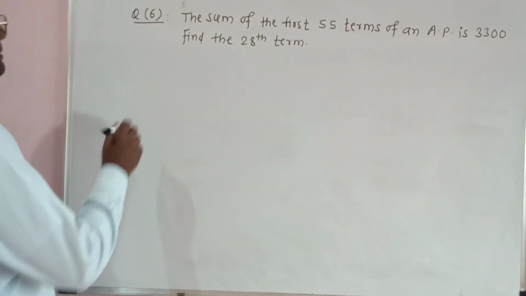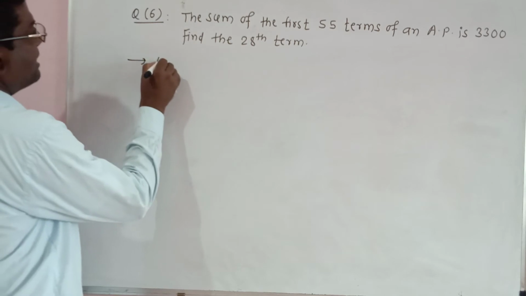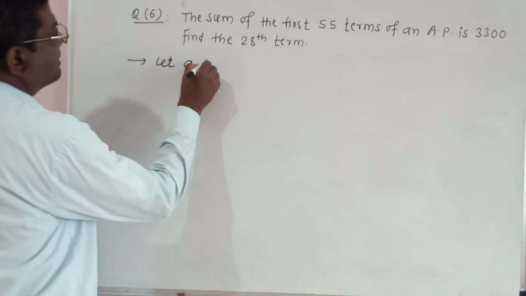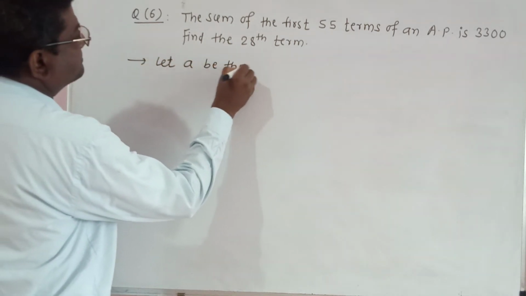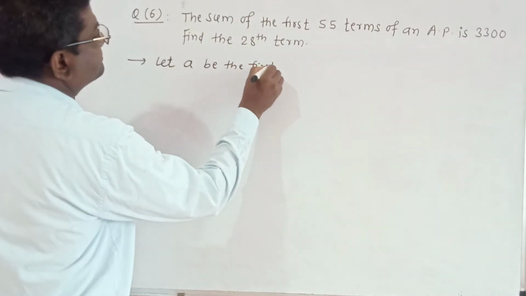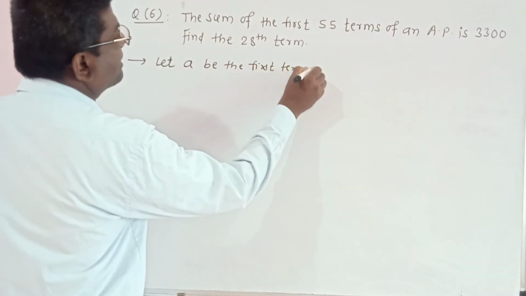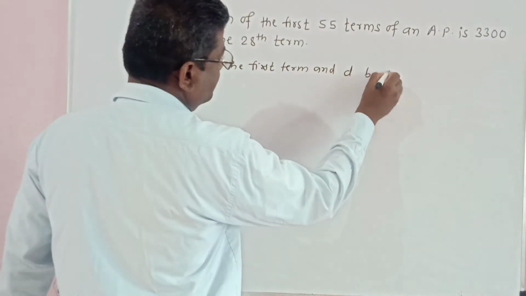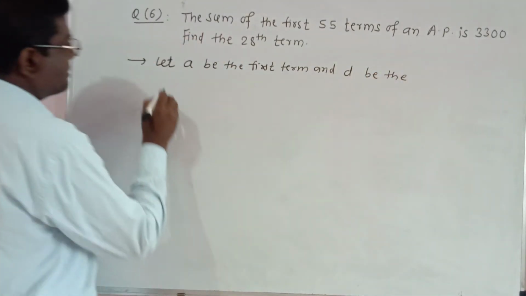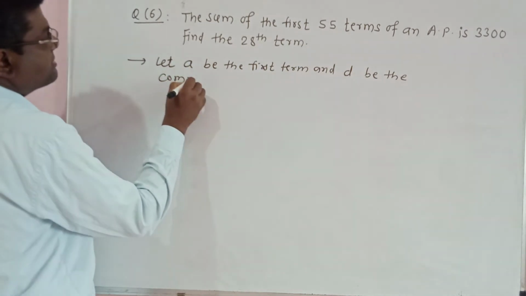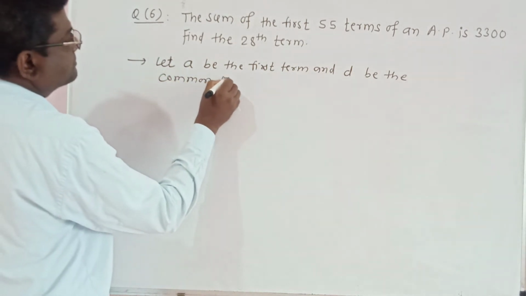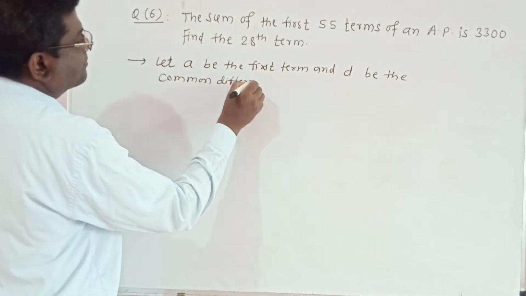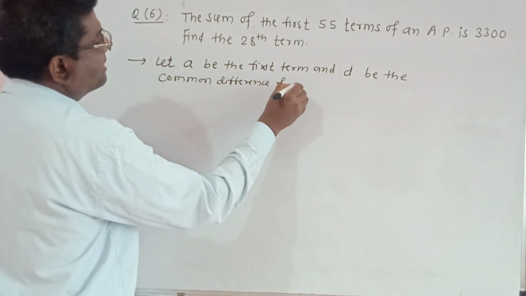Now let's solve this example. Let A be the first term and D be the common difference of an AP.